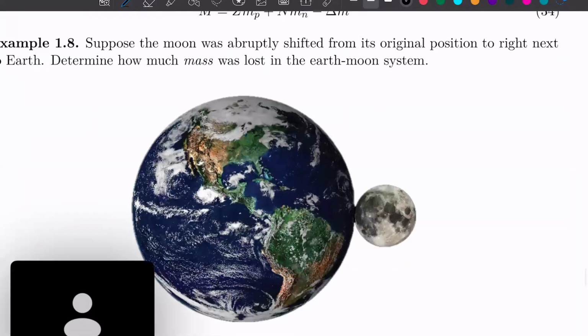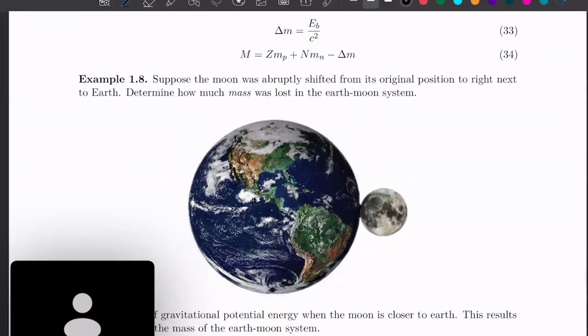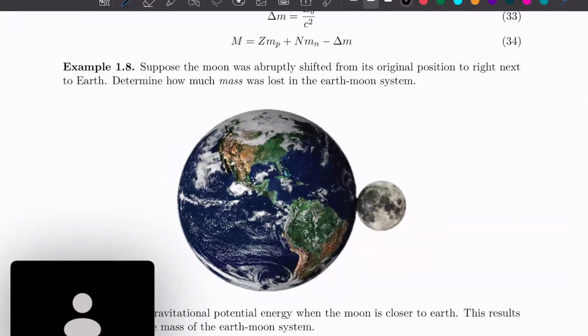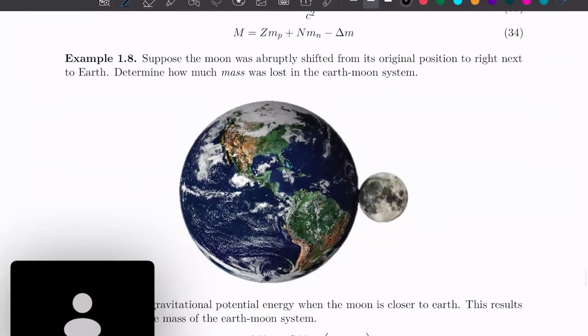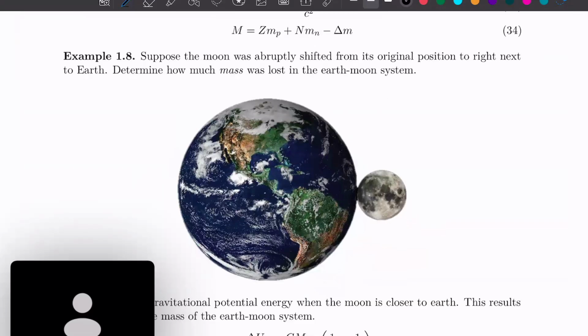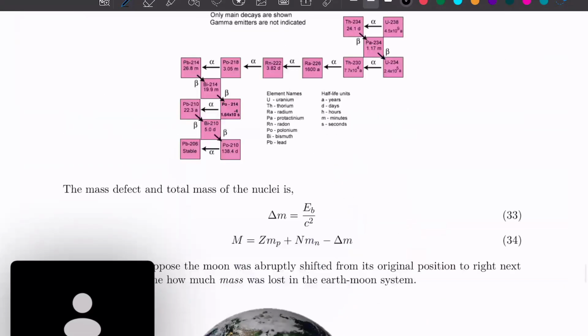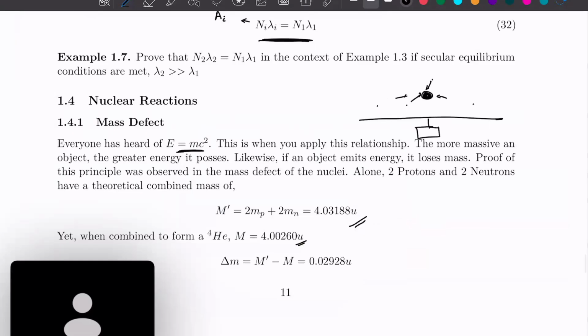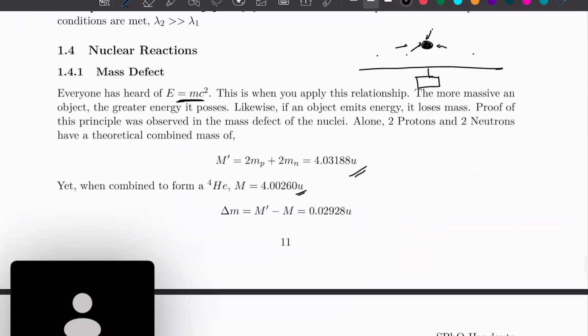And this decrease in potential energy would be reflected as a decrease in mass. Essentially, what this is saying is that mass is a measure of the amount of energy in a system.